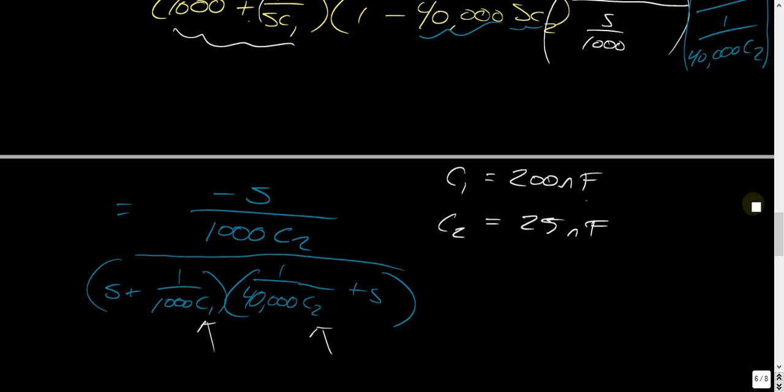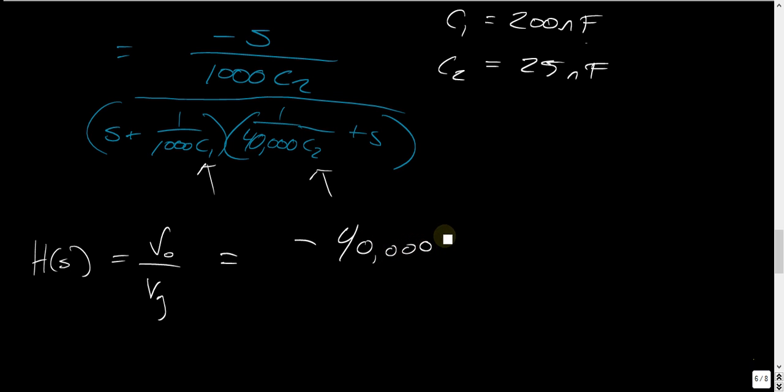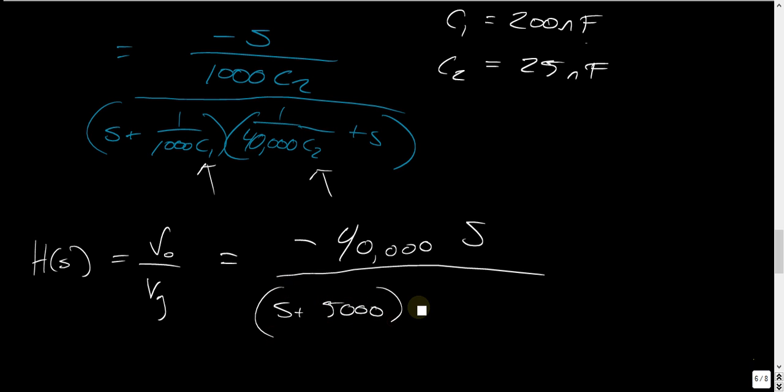And so when we plug those in and crunch the numbers in a calculator here, which I have done to save some time already, your H of S will equal V out over VG, which equals minus 40,000 S all over S plus 5,000 and S plus 1,000.